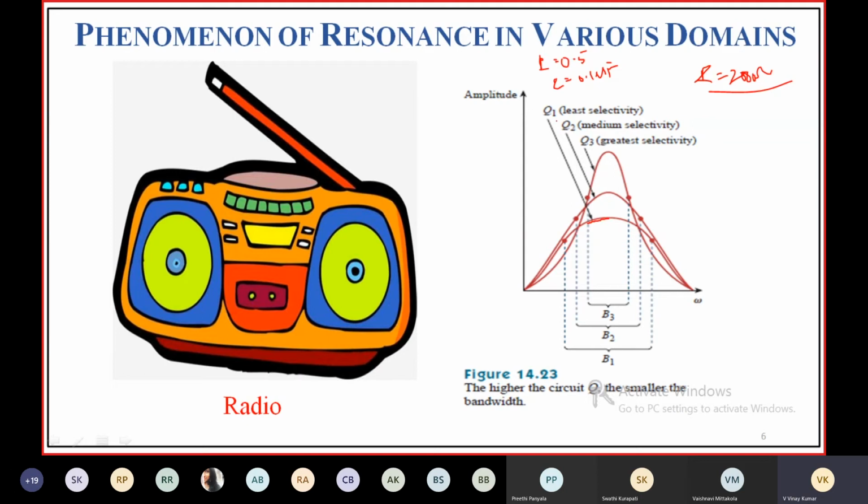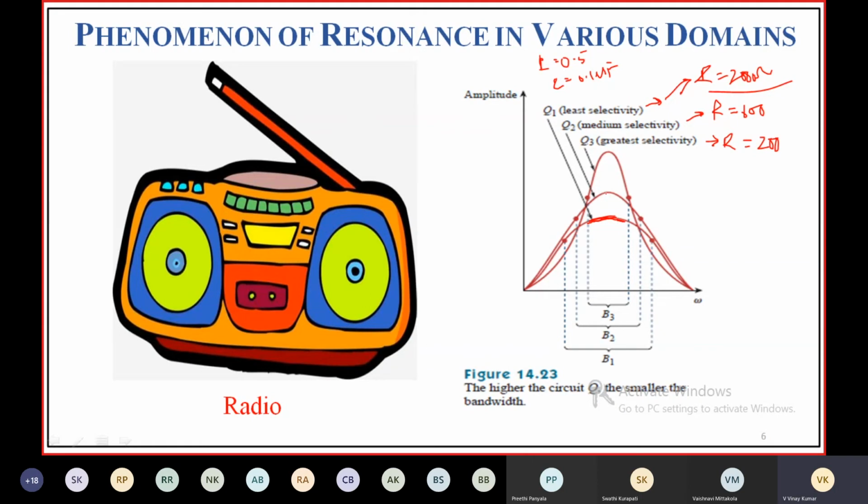Here Q1 is for R is equal to 2000. Q2 is for R is equal to some 600 ohms. You take R is equal to 200 ohm resistance. So you're going to have curves like this for different values of resistances. For R is equal to 2000, you're going to have curve Q1.